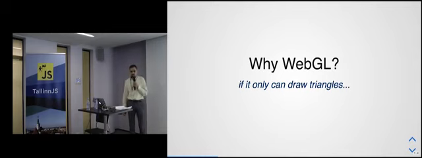It's suitable only for drawing triangles. The reason to use WebGL is we can draw a lot of triangles, thousands of them. Also, we have control of every rendered pixel, which is hardly possible with Canvas or SVG.